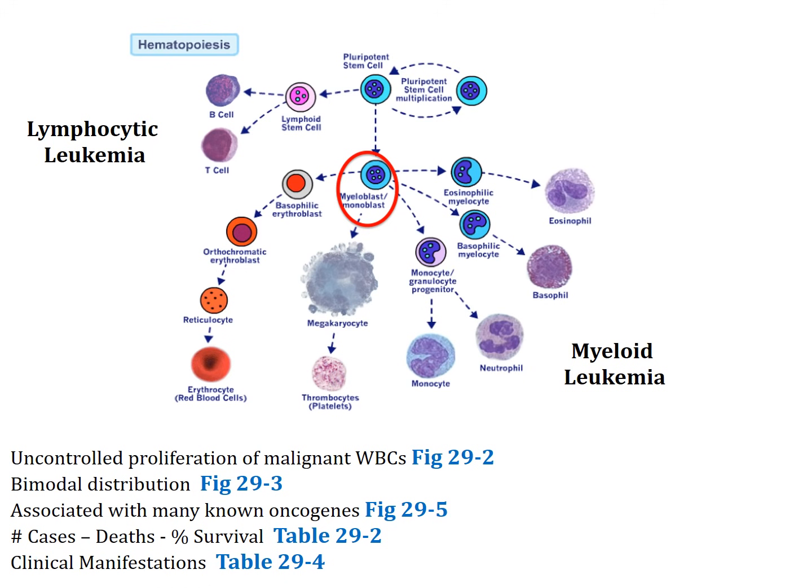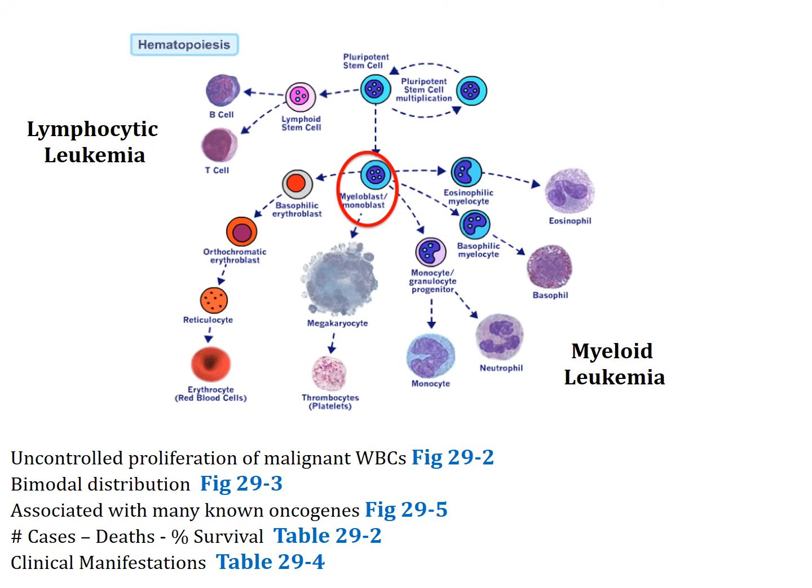So there's a couple figures and tables here that I want you to look at with respect to leukemia. Again, just differentiating for you that uncontrolled proliferation of malignant bone marrow cells. Bimodal distribution, you tend to see leukemia in children and in elderly adults.